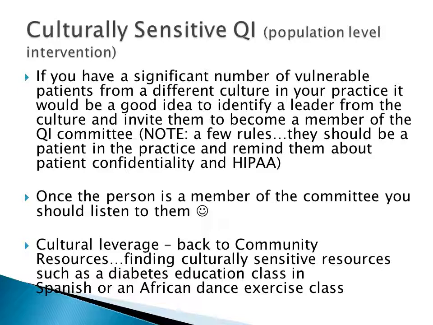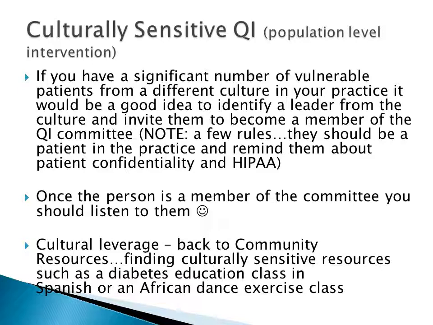Now, if you don't, and I've done some research out in central Nebraska and seen the data, you may very well not have a subset of a different culture in your practice, but you may very well. So if you do, one of the things you want to do is get them involved in your quality improvement work to make sure that you're meeting their cultural needs.